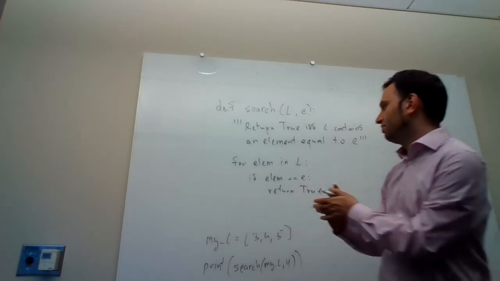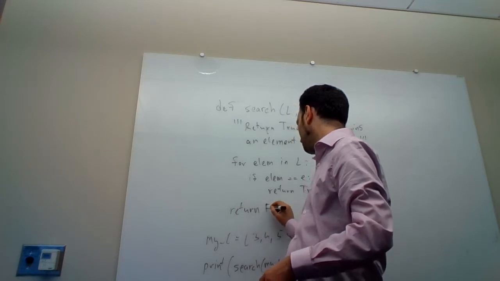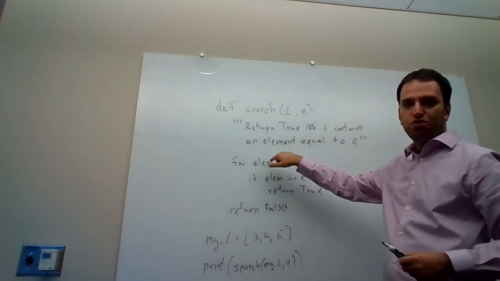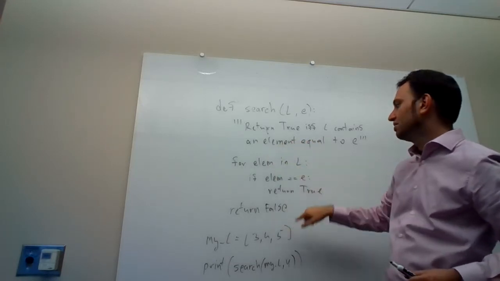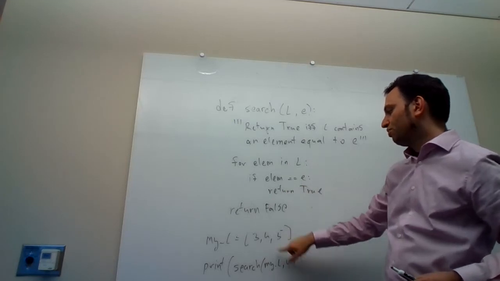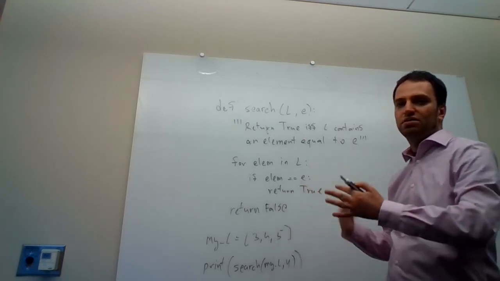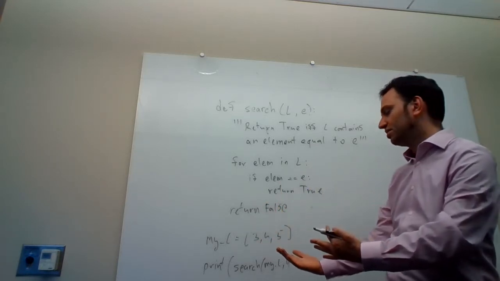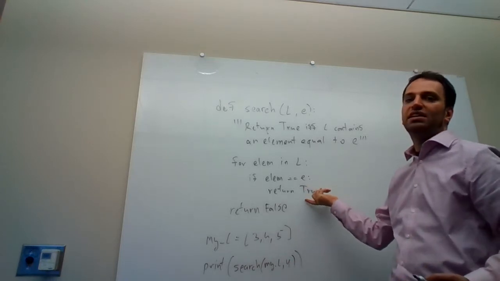So again, what was the idea here? We go through every element in L, and if we find that an element, for example this 4, is equal to 4, then we return true. Why do we do that? Because we don't need any information about what the rest of the elements in the list are, since we already know the correct answer is true.